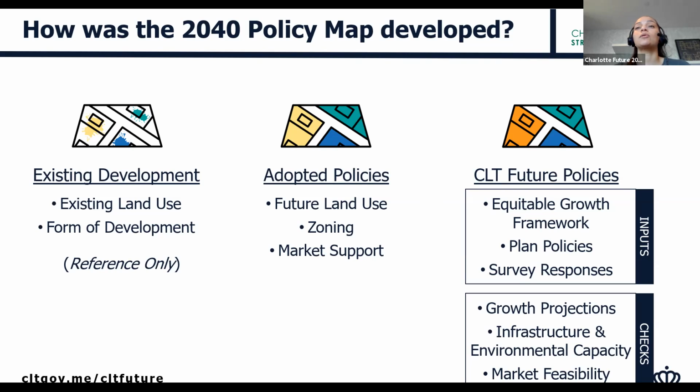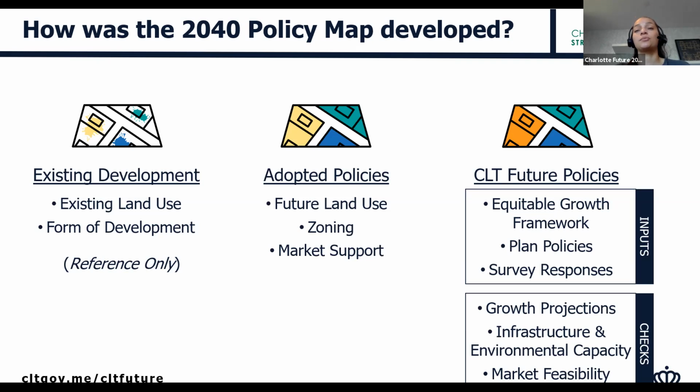And for that, we use the equitable growth framework, which sort of falls into 4 categories. And we'll again go into that a little bit later in the presentation. Our plan policies, which are actually adopted in the 2040 plan, and then we use survey responses as our inputs. And we used a few checkpoints to make sure that we were mapping things correctly.